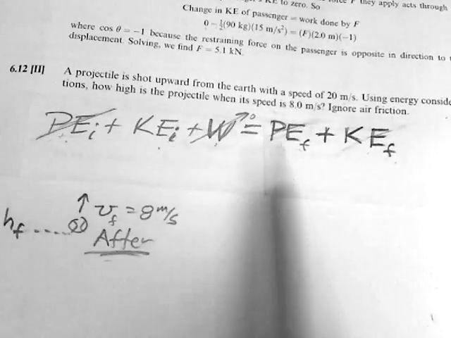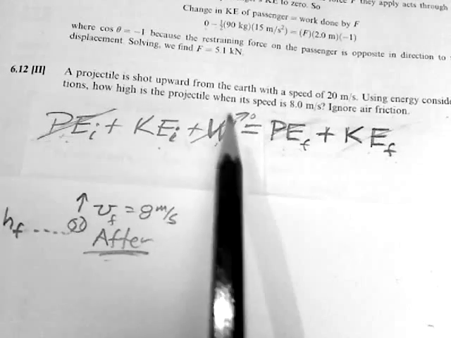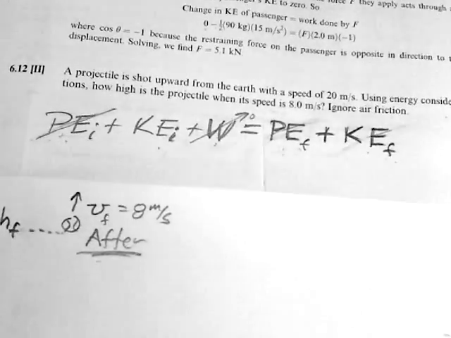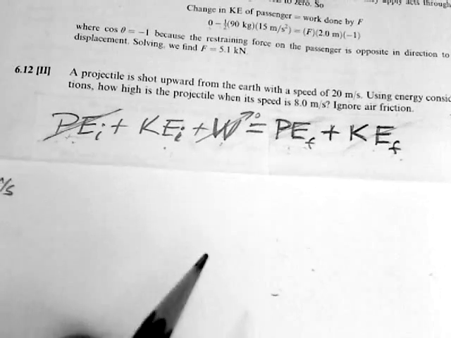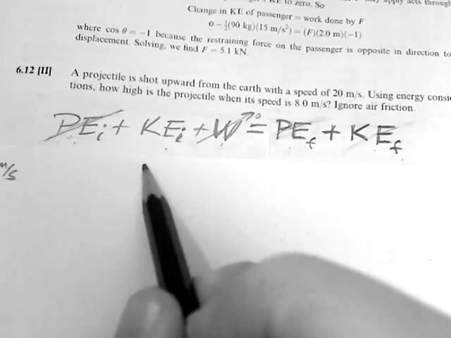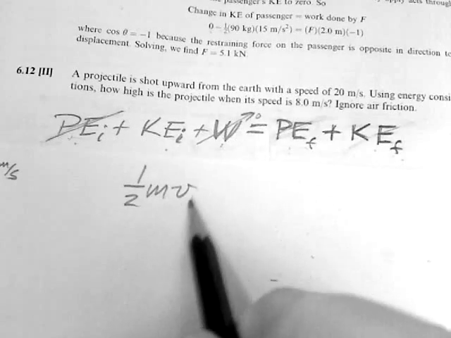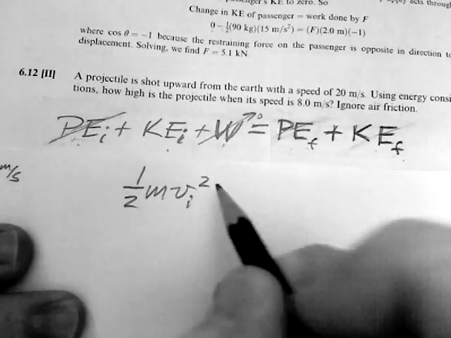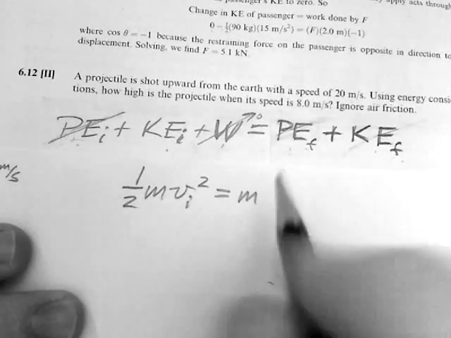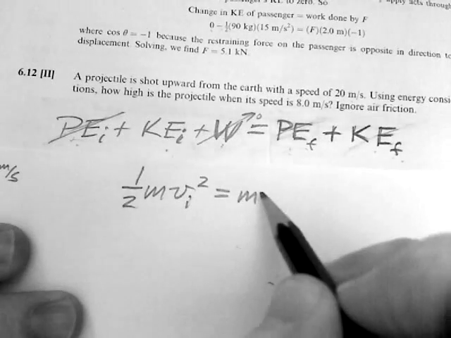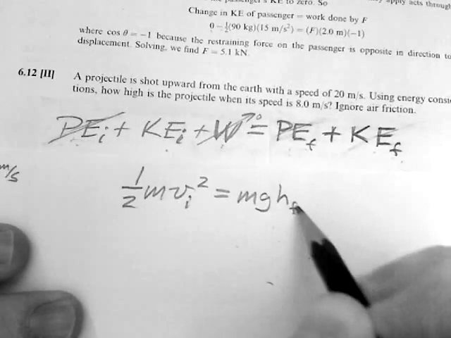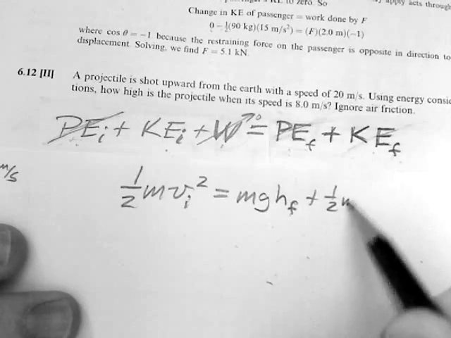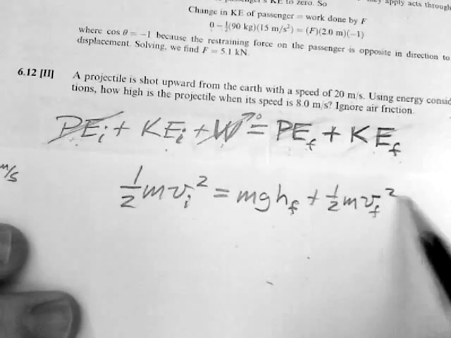We're going to use mgh for the potential energy. So this is the work done by all forces except gravity. And since there's no other forces, we'll call that one 0. So looking at this initial kinetic energy term, you can say 1/2 m v initial squared equals m, the mass of the projectile, g, and then height at the final position, plus 1/2 m v final squared.